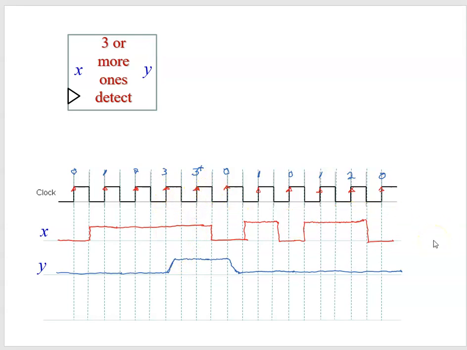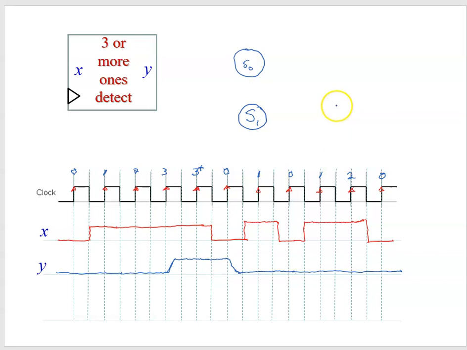So if we think about our count, we have a state where we have a count of 0, so we'll call it S0. We have a state where we have a count of 1, S1.